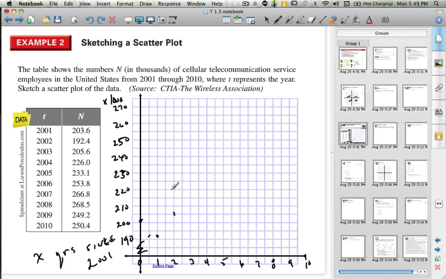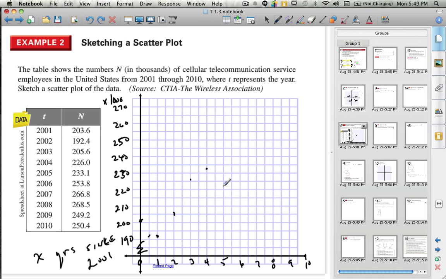And then 220, here's 225, be a little above that, 226. And then the next year was 233, so here's 230 and under 235.